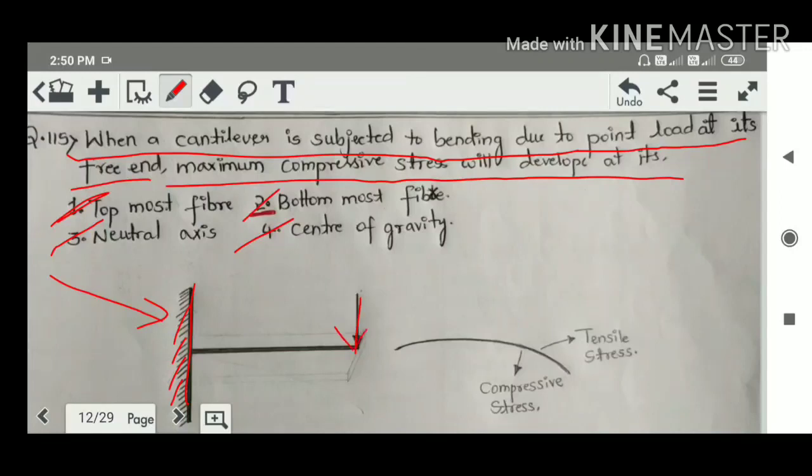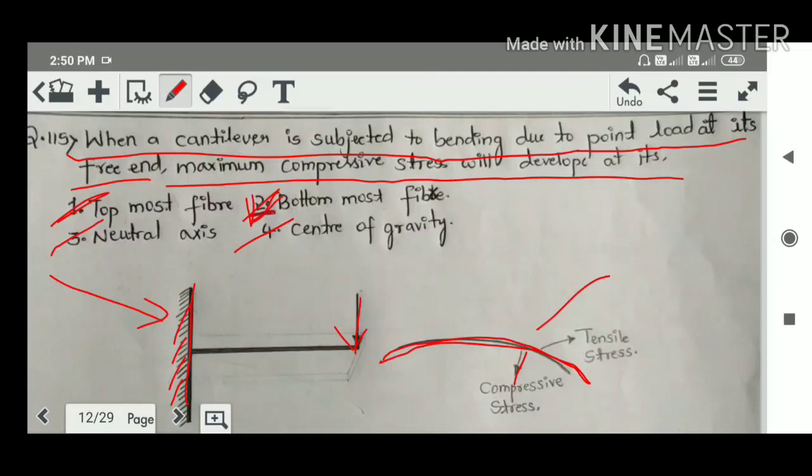Due to this load, the beam will bend like this. Due to this, the top portion will get expanded, or it gets tensile stresses. The bottom layer will get compressive stresses. So the bottommost fiber will get maximum compressive stress. So the correct option for this question is option number 2, bottommost fiber.